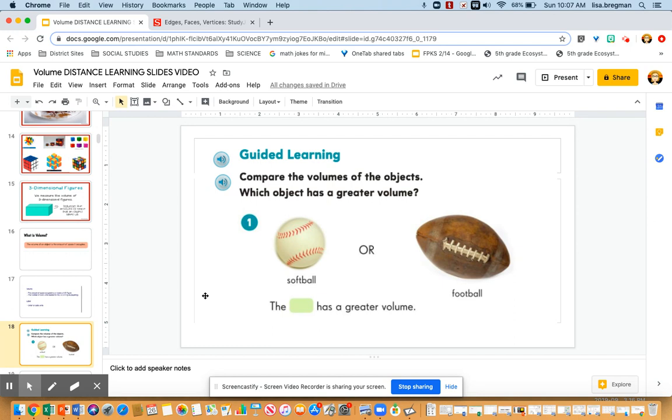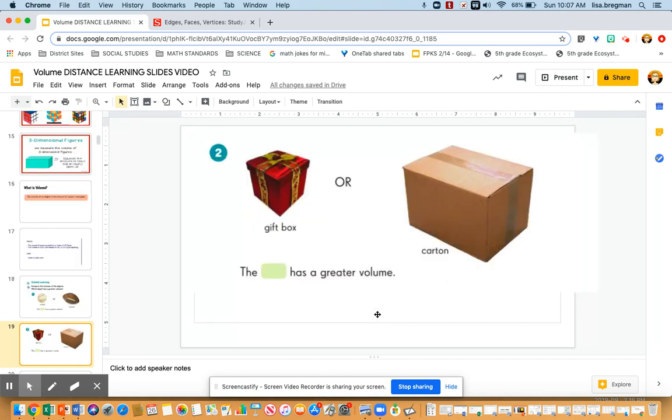So compare the objects. Which object has a greater volume, the softball or the football? Remember, volume means the amount of space an object takes up. So the football has the greater volume. How about the gift box or the carton? Well, we know the carton has a greater volume. It's the amount of space an object takes up.